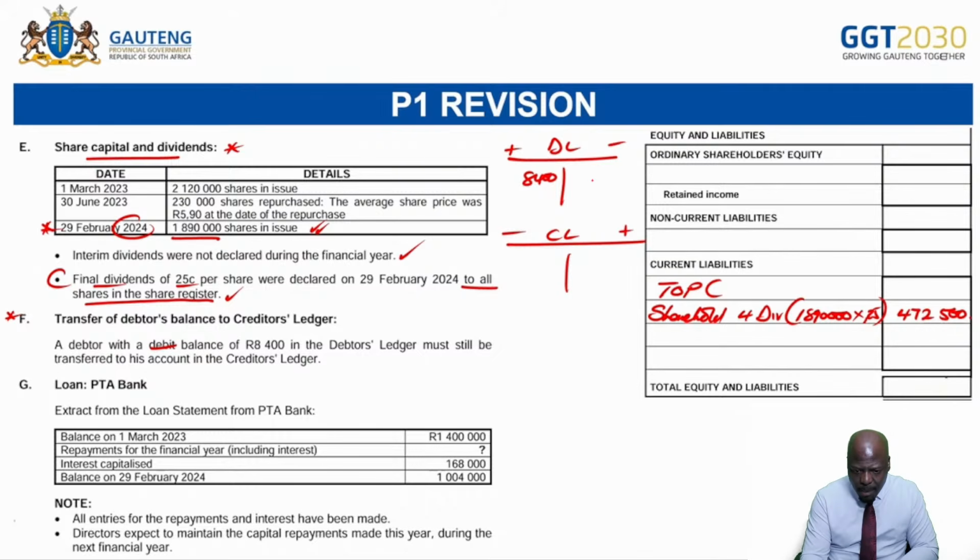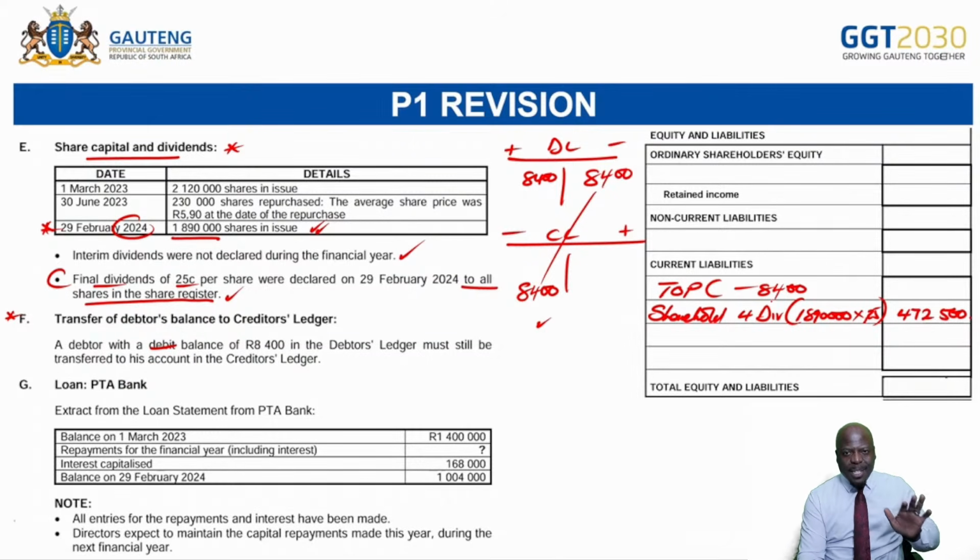To transfer it, I'm going to say 8.4, and to complete the double entry, I'm going to say 8.4. So I come to my trade and other receivables, minus 8.4. Then I come to my trade and other payables and I say again minus 8.4. Just like that. Okay.